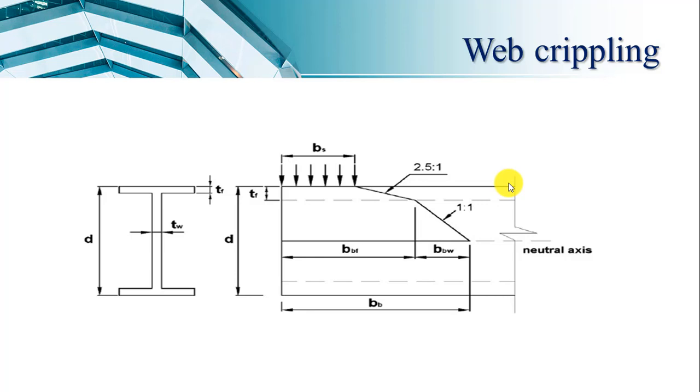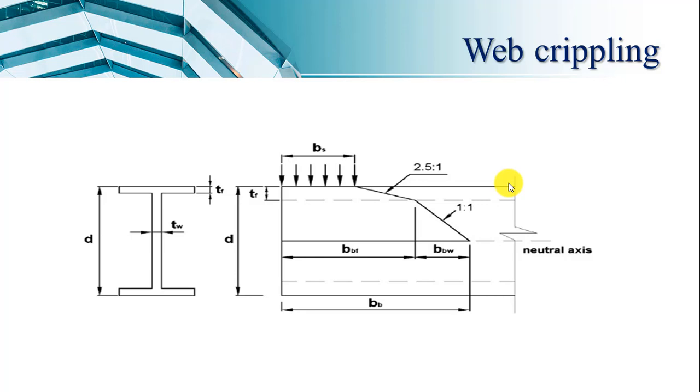So these terms are included in the laterally supported beam and then the laterally unsupported beam. We saw that different kinds of supports are given in the lateral direction for the beam, then it is referred to as the laterally supported beam. If all those different kinds of supports are not given, then the beam is treated as the laterally unsupported beam.